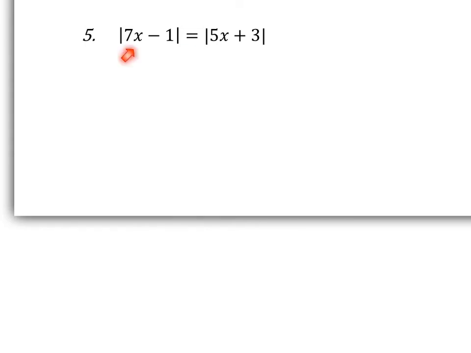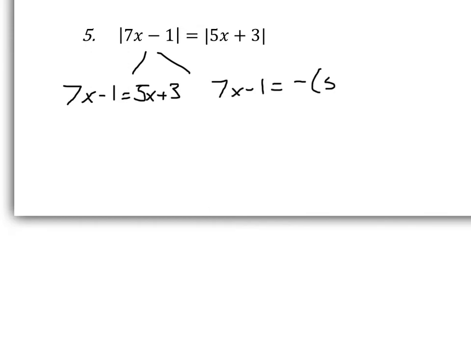Or if this equals 0, you're going to have x equals 1 point. But you won't have an interval, you'll just have x equals 2 points. And we'll solve this inequality later on, but your two cases are going to be 7x minus 1 equals 5x plus 3, or 7x minus 1 equals negative of that.